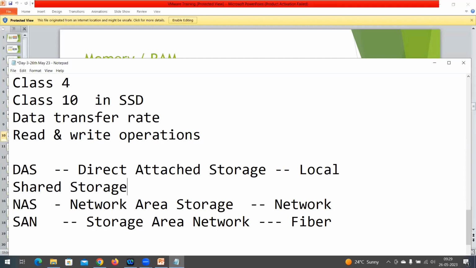By using fiber optic underlying architecture, it is going to send and receive the data. We are going to get maximum read and write operations, higher speed compared to NAS, but the only disadvantage here is it is very expensive. Generally, all enterprise environments configure the storage server on fiber optic. That means they are going to use a SAN environment to get max performance.